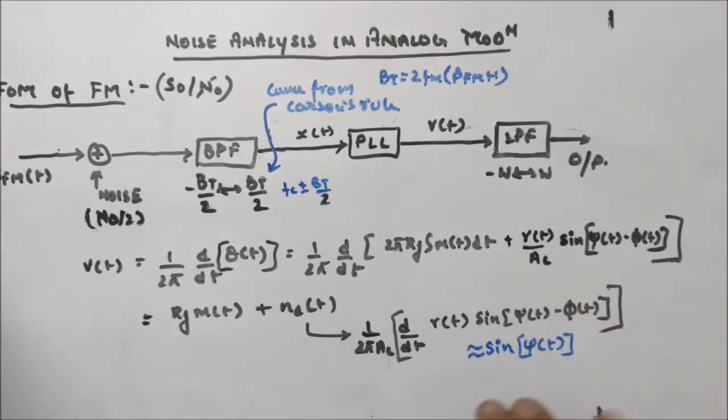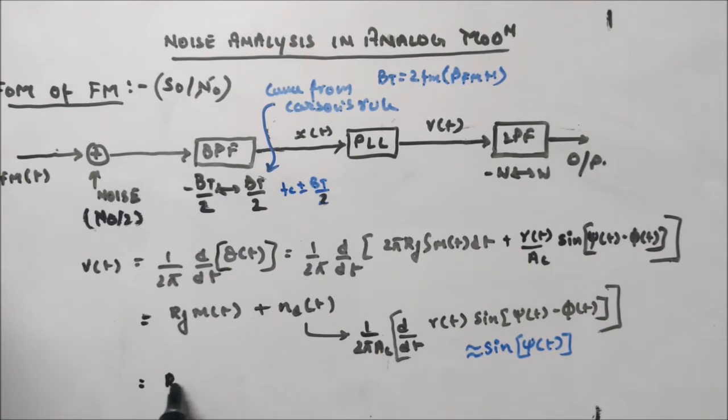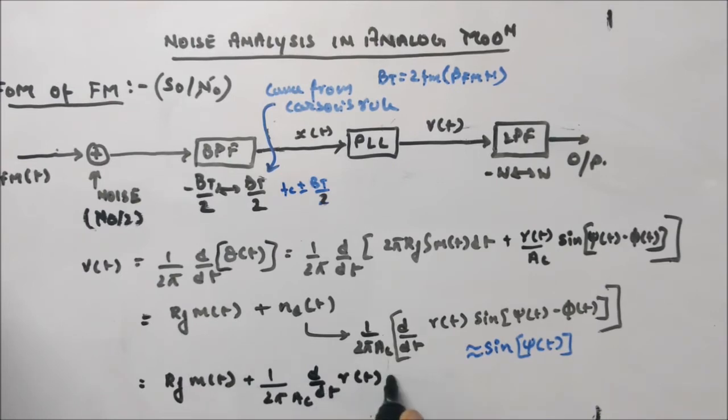We assume that psi(t) is very much greater than phi(t), and this approximates to sine psi(t). So this is one more approximation that we do, and then our signal becomes Kf m(t) plus 1 by 2 pi AC d by dt of r(t) sine psi(t).